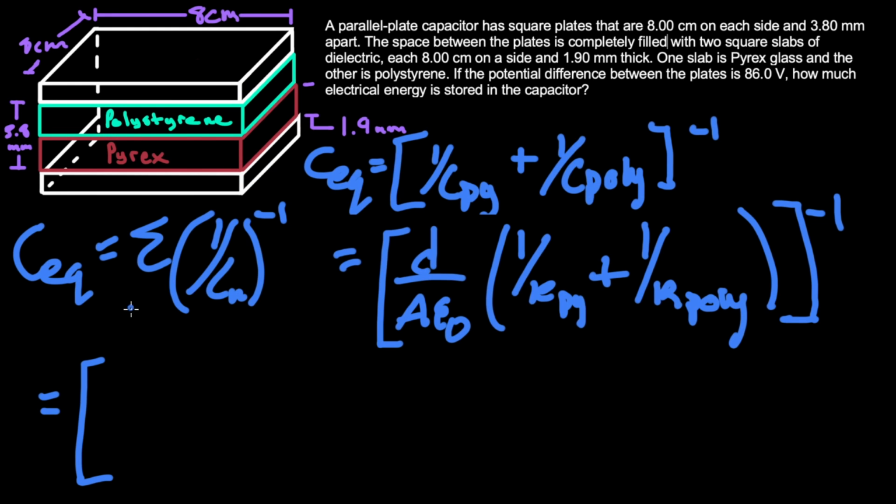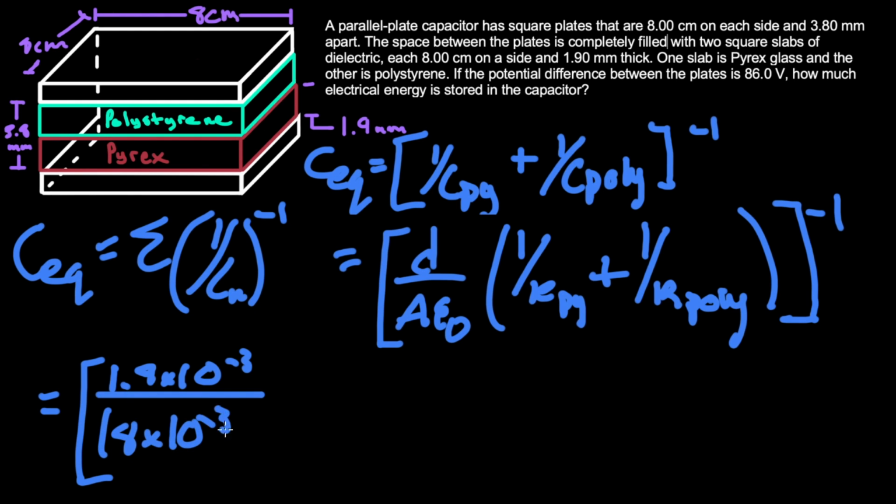And so we're going to write 1.9 times 10 to the negative 3 over the area, which is 8 times 10 to the negative 3, and that's going to be a curved bracket squared, and that's just simply from these numbers here and this number here.